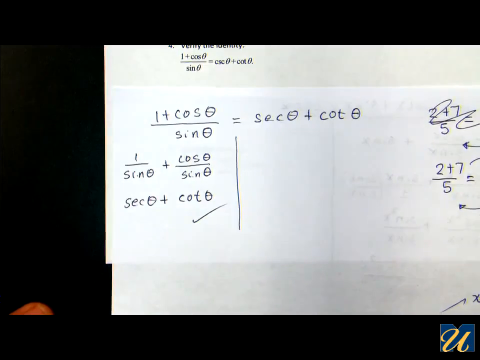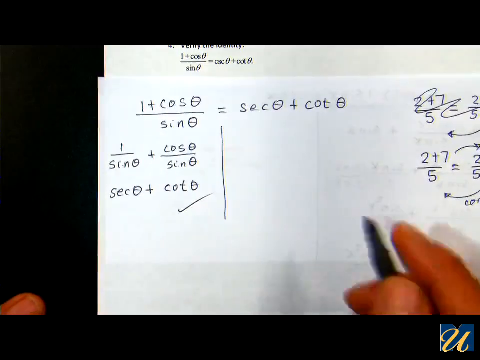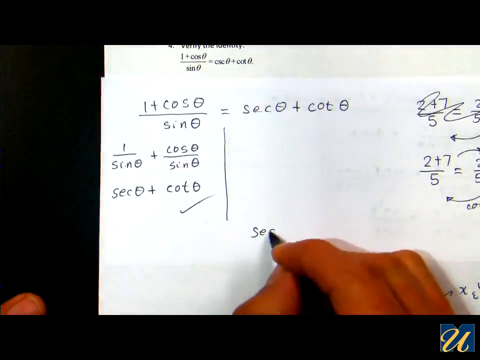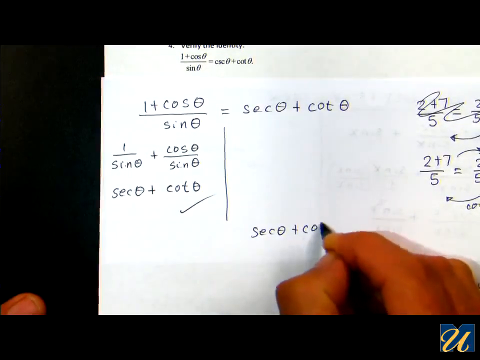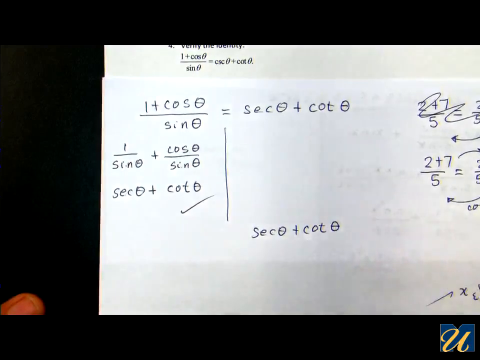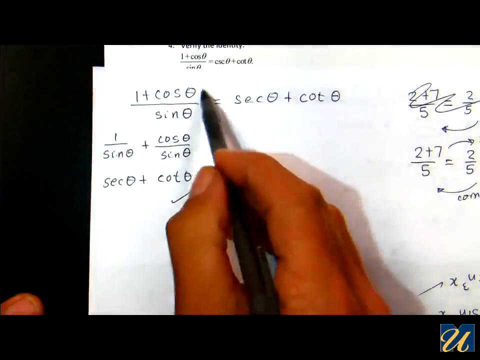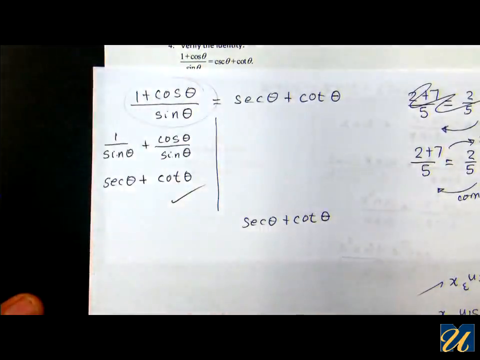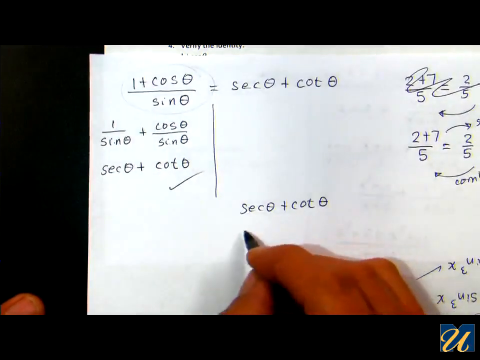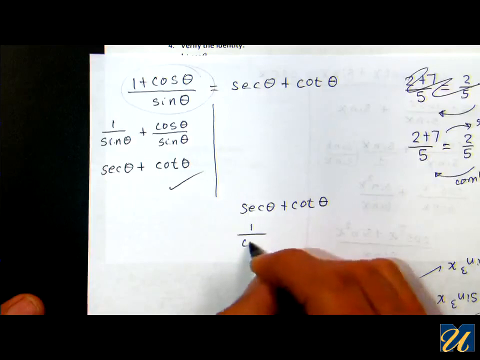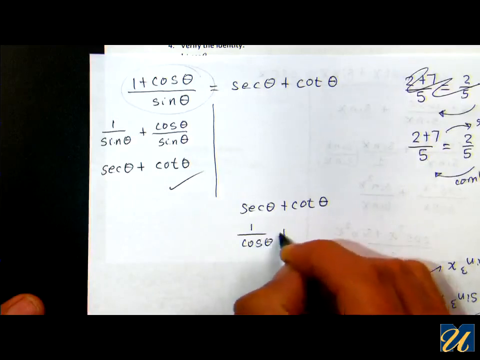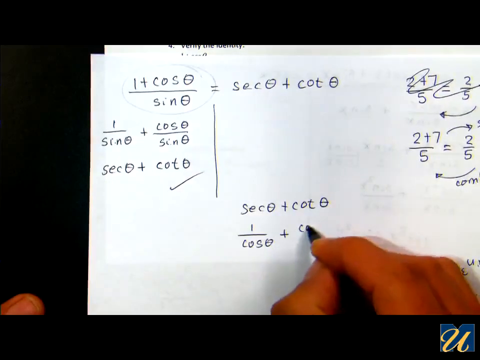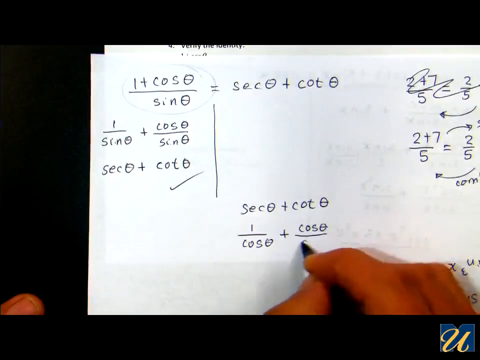Now another way to attack it is, let's suppose we start with the right side. Okay, there it is. And I want to end up back in the original left side. Well, let's see. Secant theta is 1 over cosine theta. Cotangent is cosine theta over sine theta.